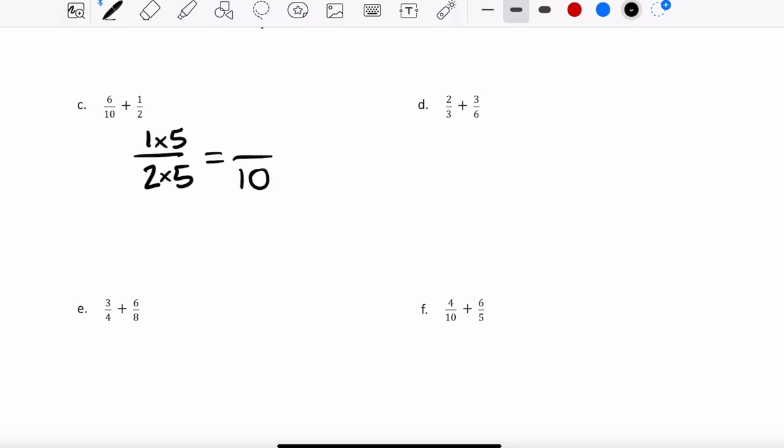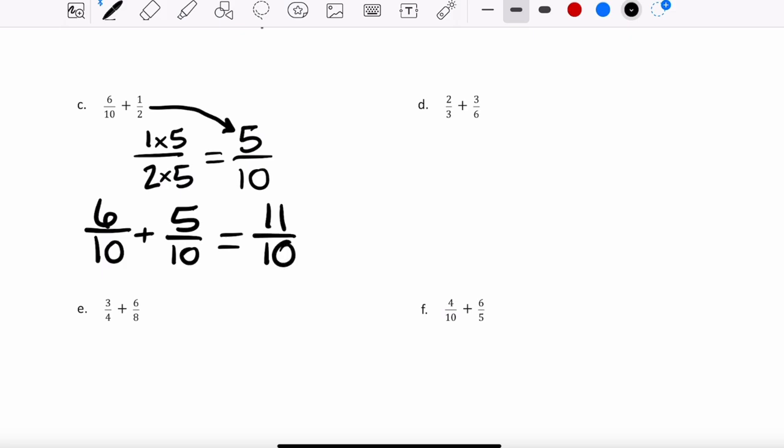So 5 times 2 is 10, so the top would be 1 times 5, which is 5. So my 1/2 is now 5/10. So I can take 5/10 and I can add 6/10 to it, which equals 11/10.